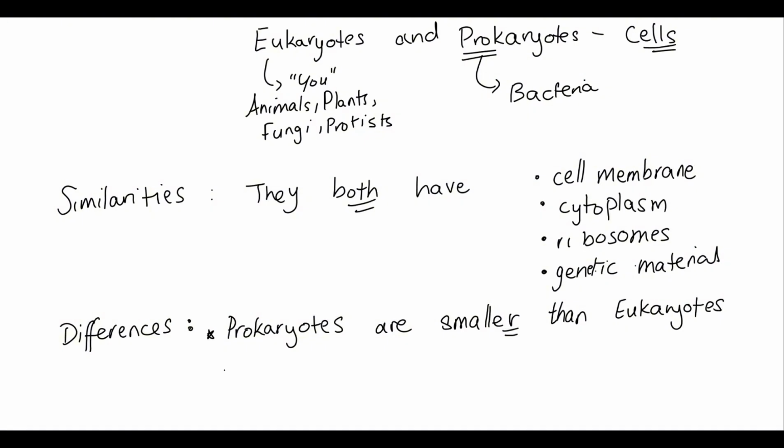Another difference between them is in eukaryotes, you find the DNA, that genetic material, inside the nucleus. Whereas prokaryotes are so small that they don't even have a nucleus. The DNA is freely floating in the cytoplasm. Again, for comparative sentences, you've got to make sure you write both.